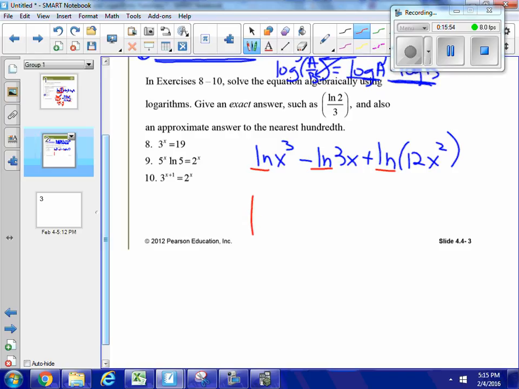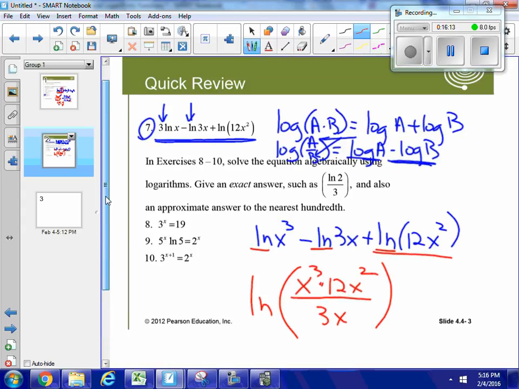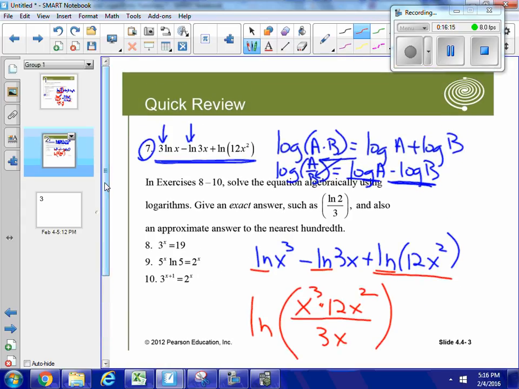I'm going to make it into one logarithm. So it's going to be ln, and in the numerator, I'm going to have x cubed times, so this is positive here, 12x squared. And in my denominator, I'm going to have just 3x. And it's times because, again, I'm going up to the product property here. Combining a logarithm a times b is equal to two separate logarithms, log a plus log b.